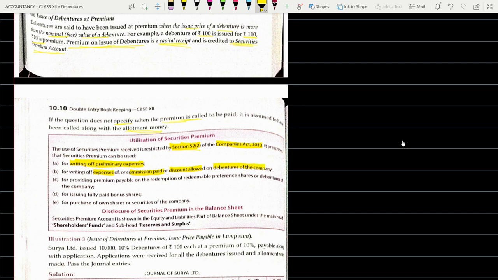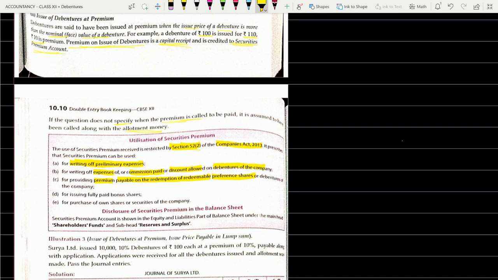Followed by that, for providing the premium payable on the redemption of redeemable preference shares. We will learn this concept towards the end of the segment, where the premium will be paid in excess on the debentures at the time of redemption. In that case, the SPR will be of great use.